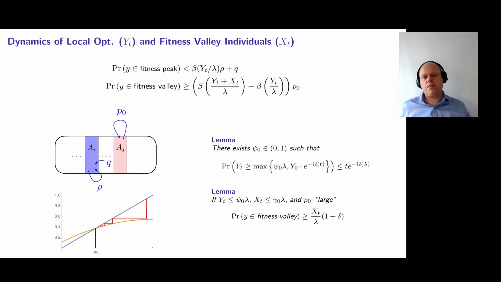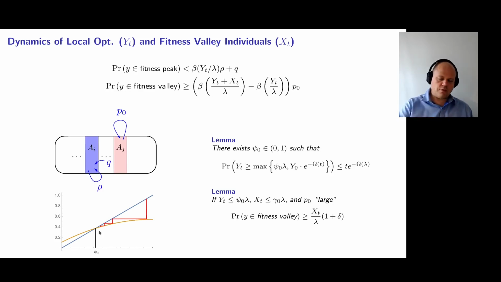Assuming now the algorithm satisfies these conditions, we can analyze the relationship between two stochastic processes. One representing the number of individuals which are on the local optima, and the second is how many individuals we have in a fitness valley. What we can prove is that if the selection mechanism satisfies the conditions, the proportion of individuals on the local optima will gradually decrease down to at most a fraction psi naught.